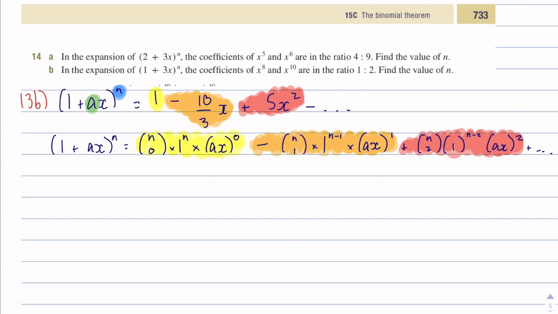So, I know 1 equals nC0 times 1^n times 1. Anything C0 is 1, so 1 equals 1, no help.